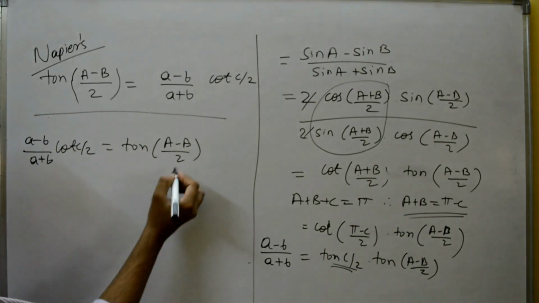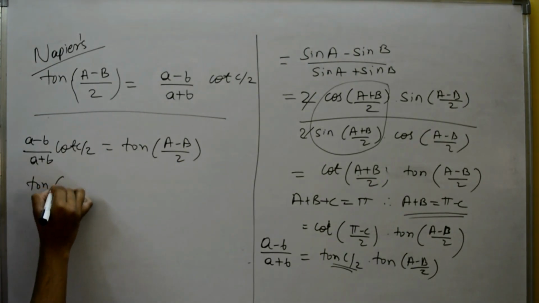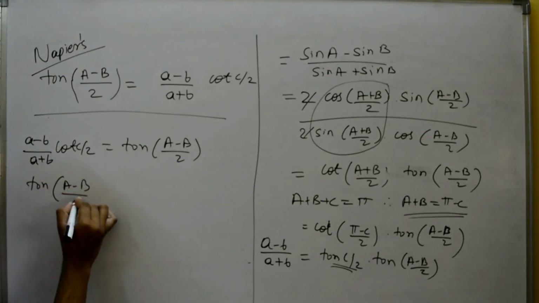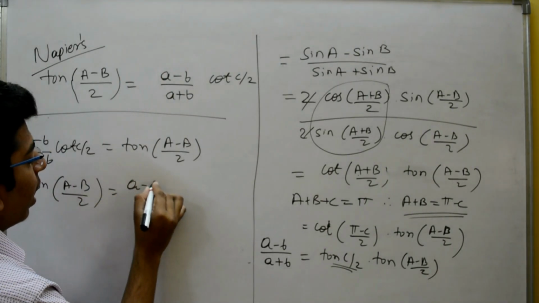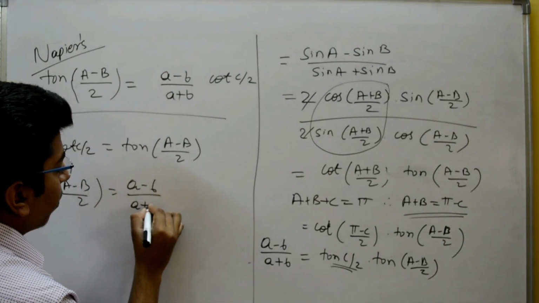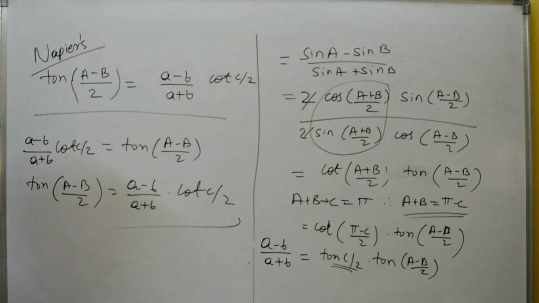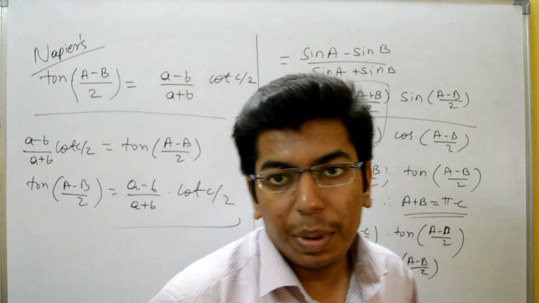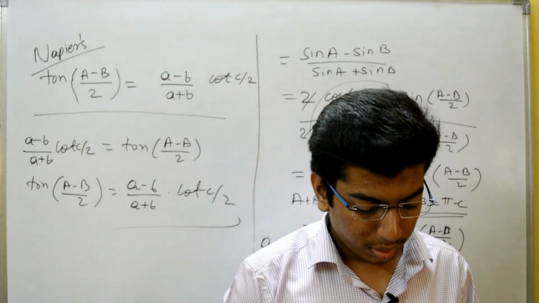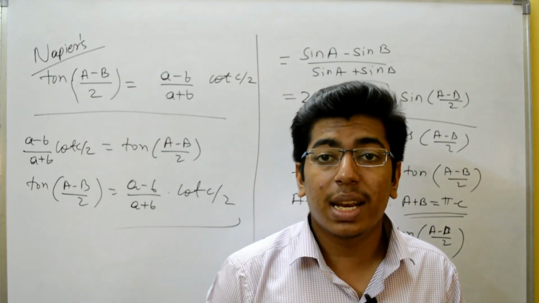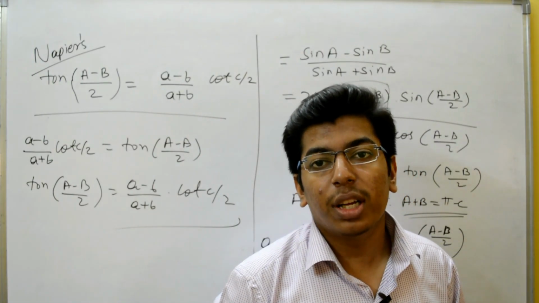So just rearranging it, tan (A minus B) by 2 is equal to (a minus b) by (a plus b) into cot C by 2. That's all. It's the proof for Napier's analogy. So look at this carefully. It is very important for your board examination.